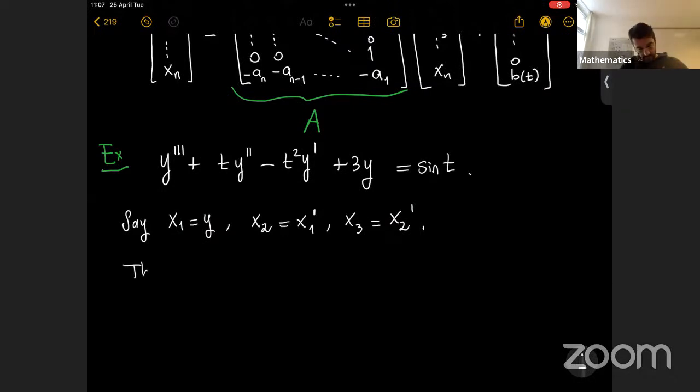Then this corresponds to, and maybe say x here, x1, x2, x3.